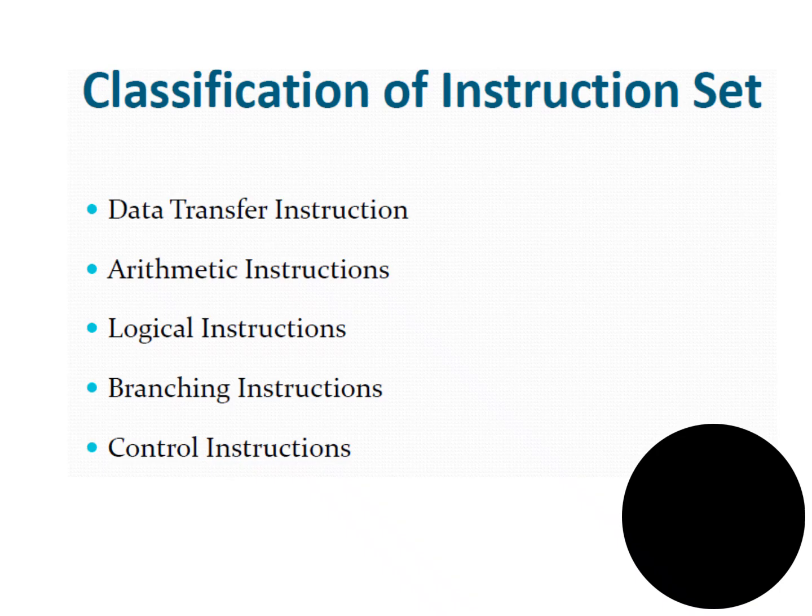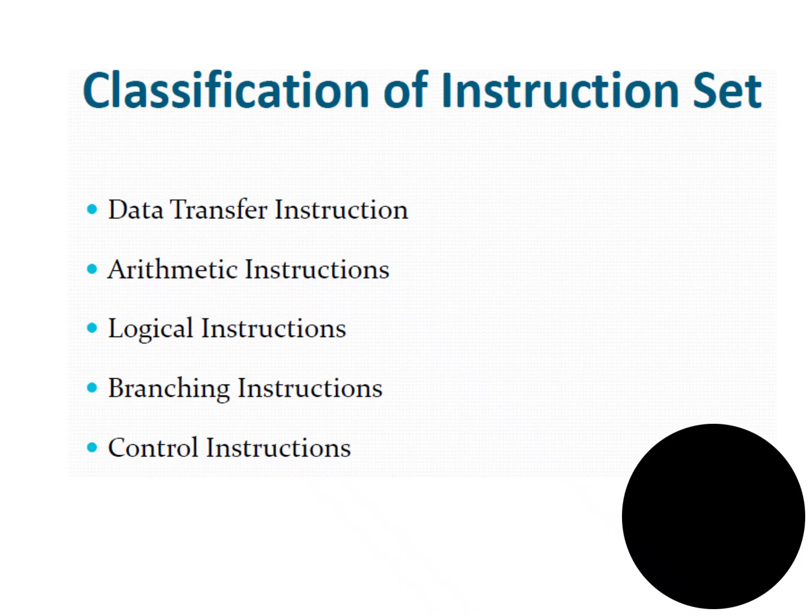It does not change the data, it is just copying data from one location to the other. It is like copying a Word or Excel document from one folder to the other. That is the data transfer instruction.